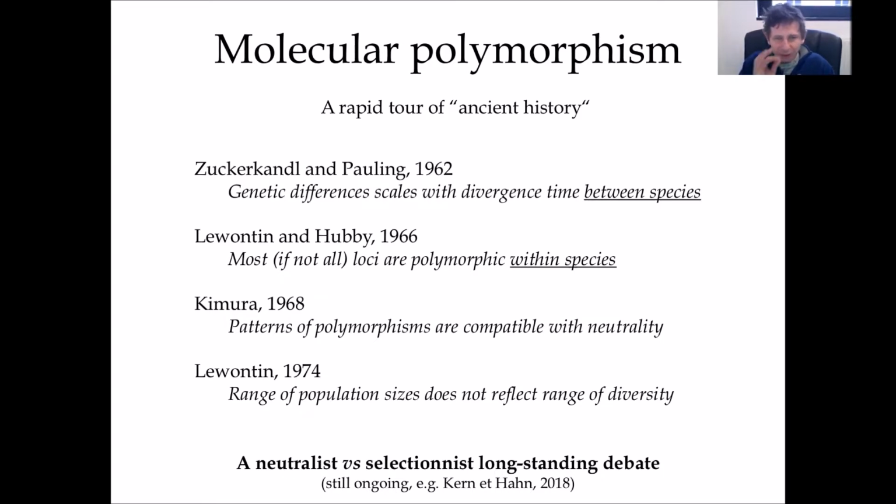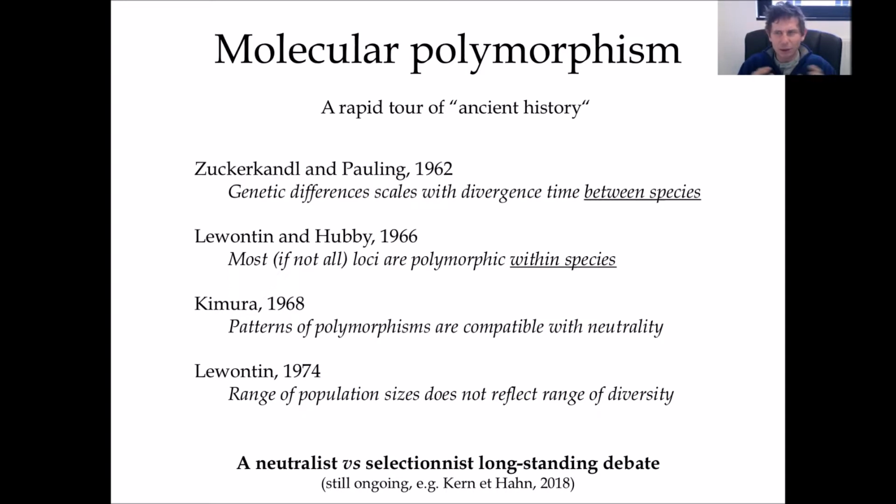Right, but very soon after the proposition of neutrality as a good explanation for genetic diversity, there was already someone like Richard Lewontin, who passed away very recently, who pointed out something strange in the theory.